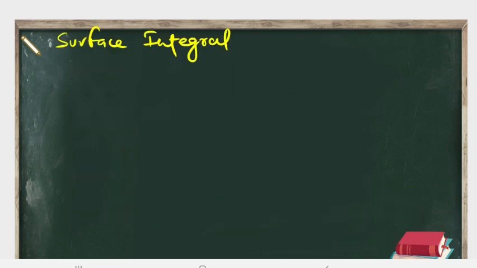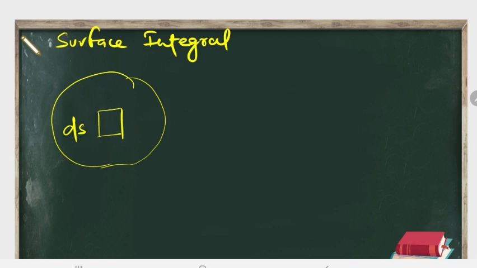Then surface integral. Suppose we have a surface, and this is a small area ds. We already discussed in the previous lecture that a small or differential area is a vector quantity.